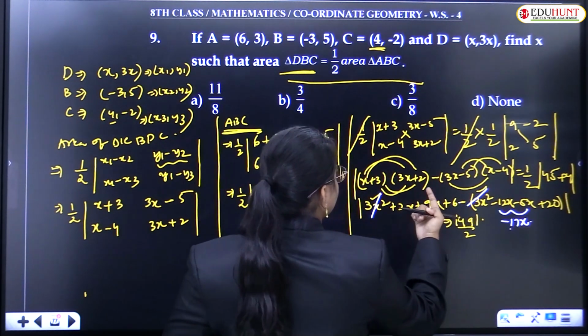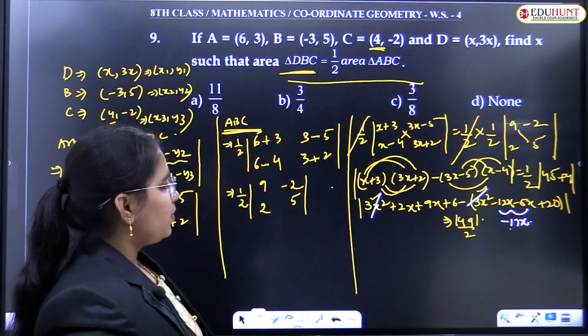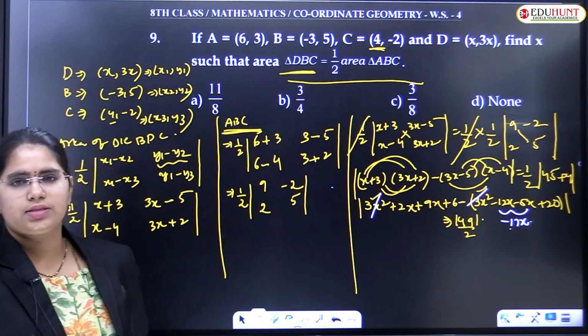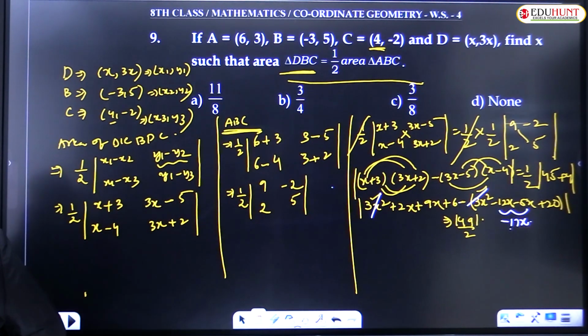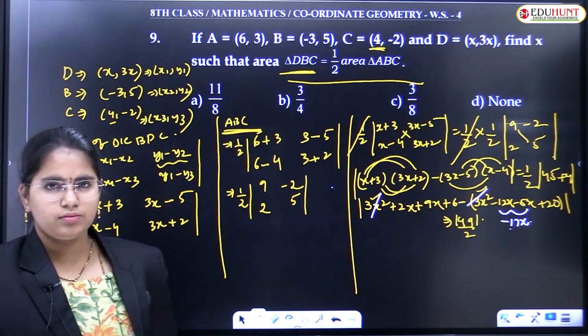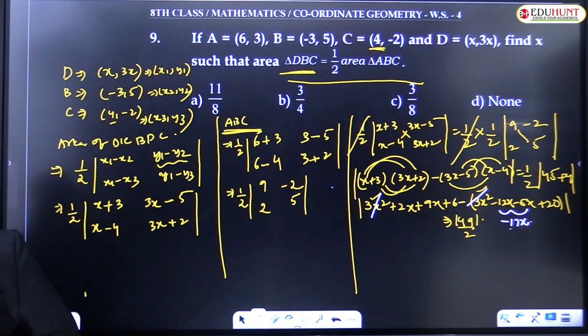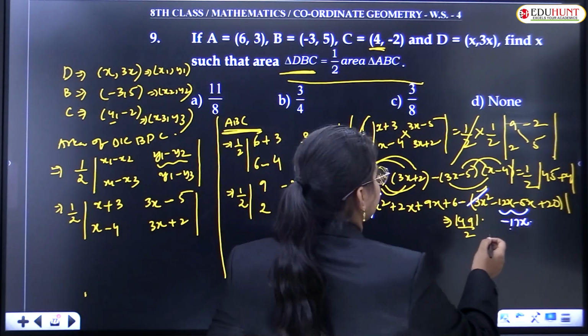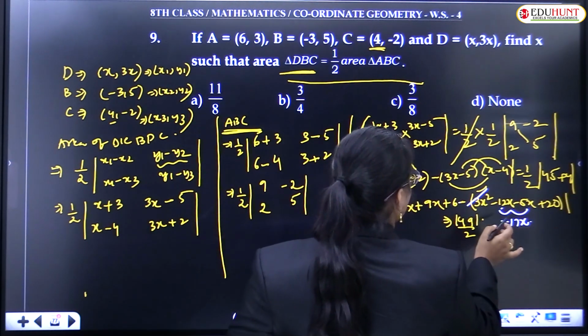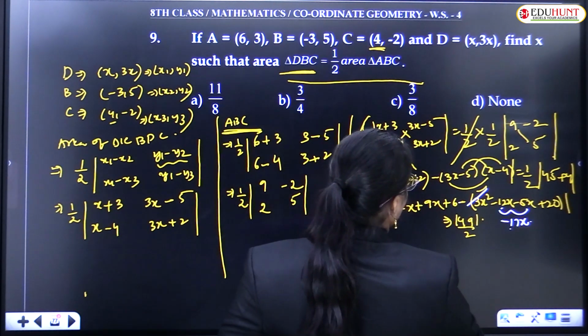Plus 17 plus 9 is how much? Just concentrate, tell me, make it fast. Minus 12 minus 5 is minus 17, minus minus and this is plus.